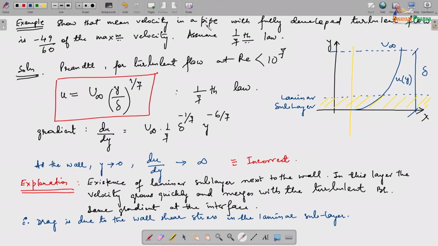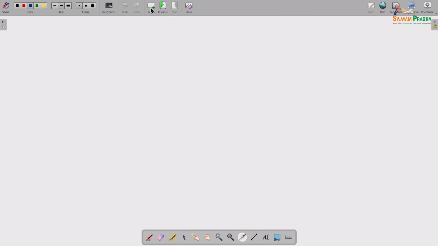So, essentially what we know is that the velocity in the turbulent boundary layer is given by Prandtl, for Reynolds number less than 10 to the power 7, by the 1/7 law, which is this, right. Okay. So, in that case, now let us then.